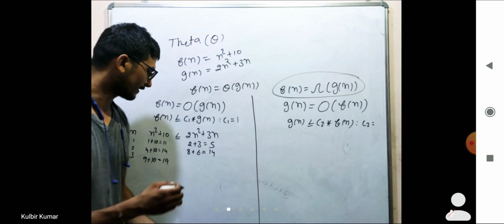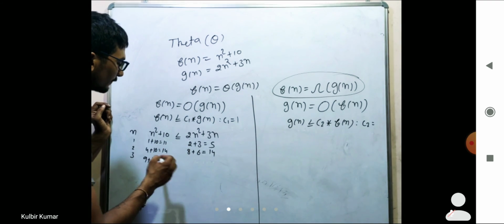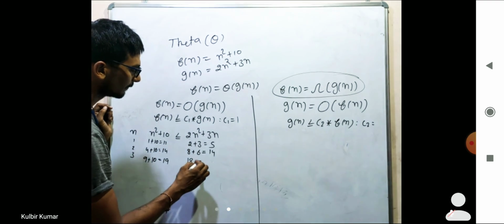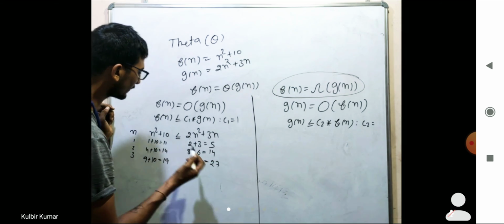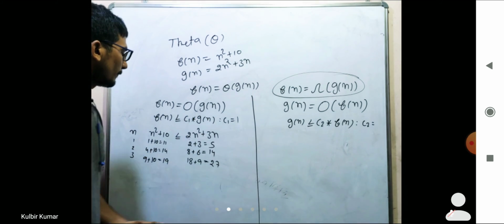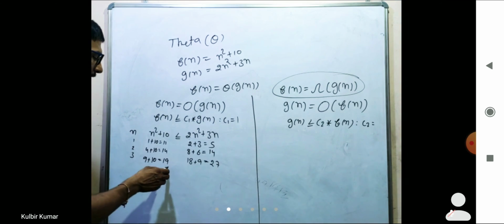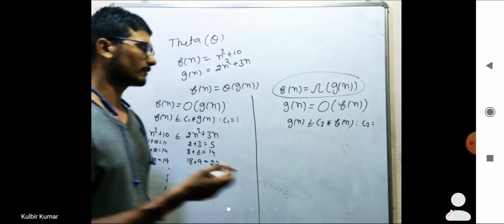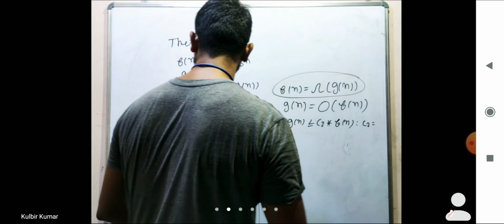Okay, so what happens here? It is nothing but 3 square, that is 9 into 2 18 plus 9, that is 27. So you can see कि C1 into g of n, f of n को dominate कर रहा है, and you can verify just by putting few more large values, so it will always satisfy.